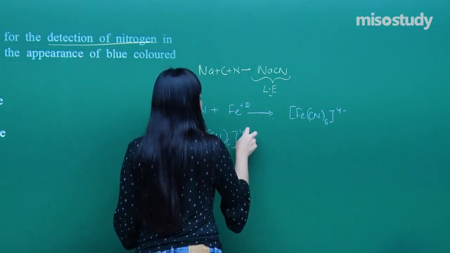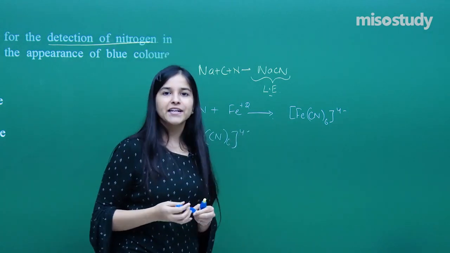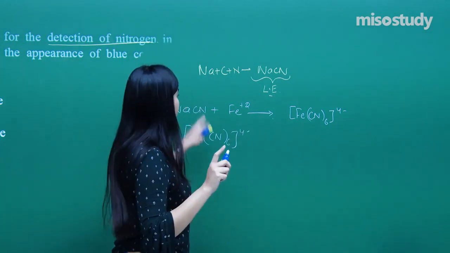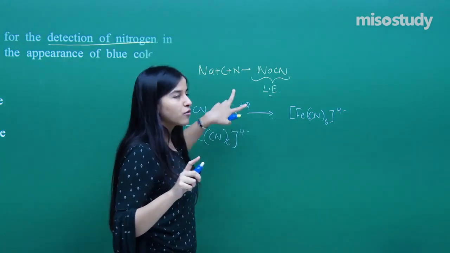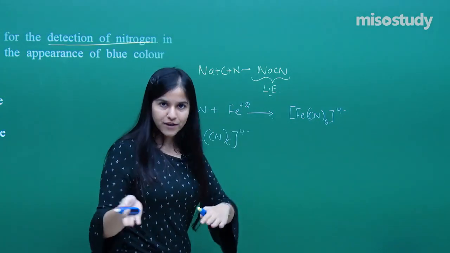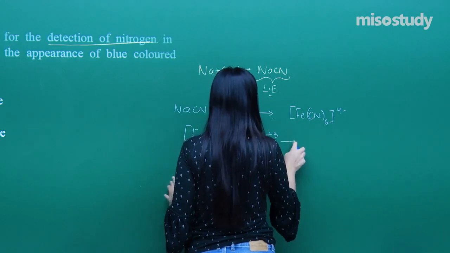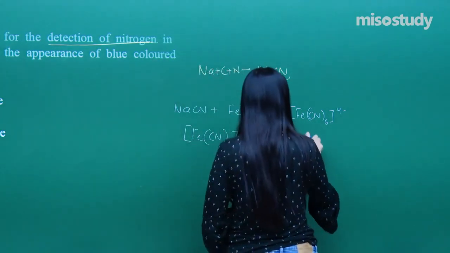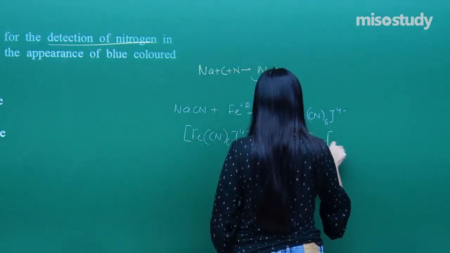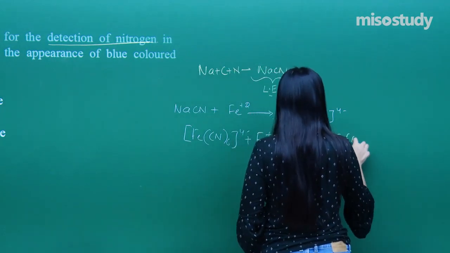Why are they reacting with ferric ions? Because due to the addition of concentrated sulfuric acid, some of the Fe2+ ions have been converted into Fe3+. So there will be a reaction with Fe3+ as well, which will give this particular compound.